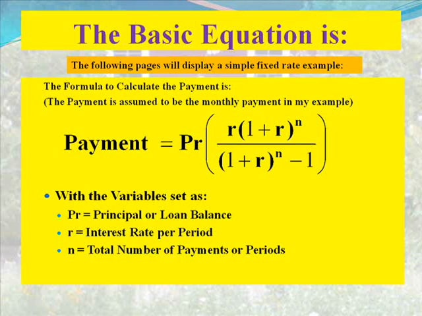And now the basic equation, or the formula to calculate the payment, is shown in the middle of this slide. The following pages will display a simple fixed rate example.